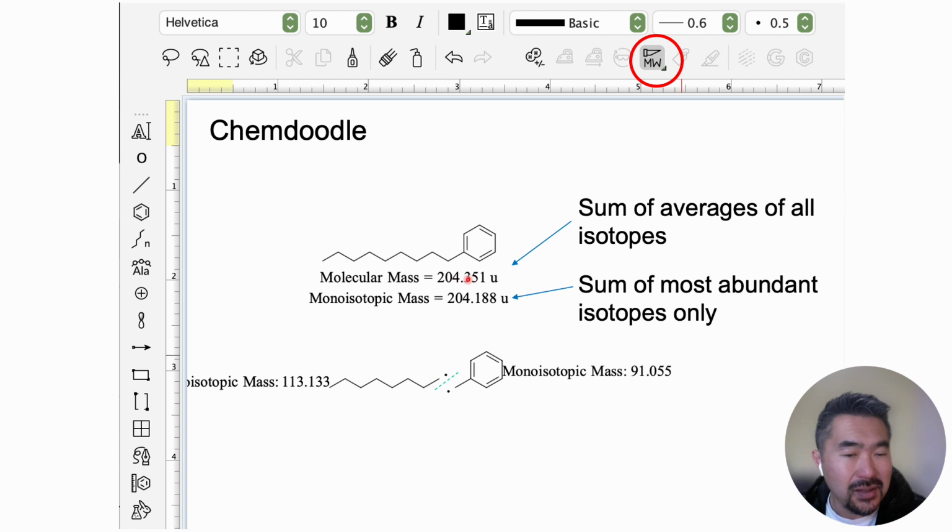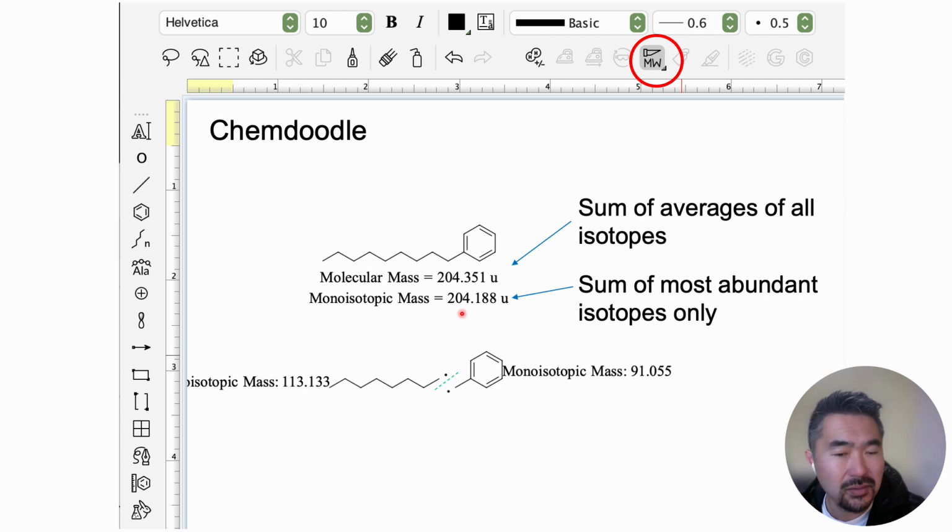Now, because this is the average, you're not going to see a mass peak that corresponds necessarily with molecular mass. I hope that makes sense. What you would see in the mass spec is the monoisotopic mass, because each peak is a real molecule. That molecule doesn't weigh the average. It contains either a C12 isotope or C13, one or the other.